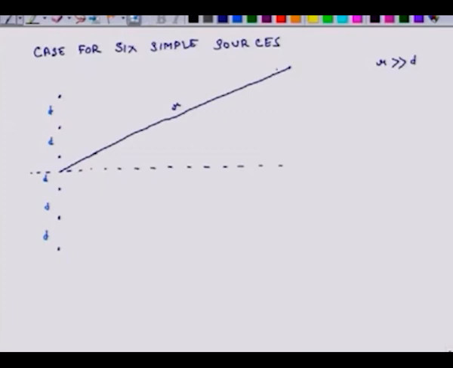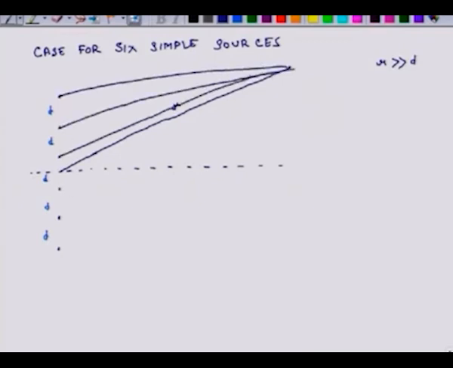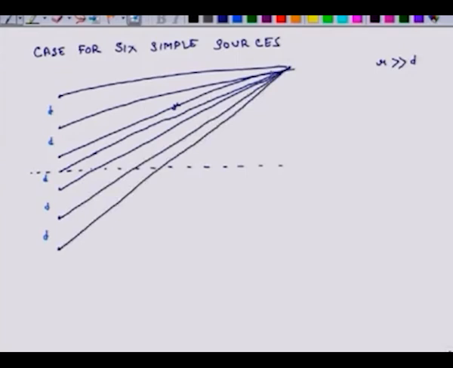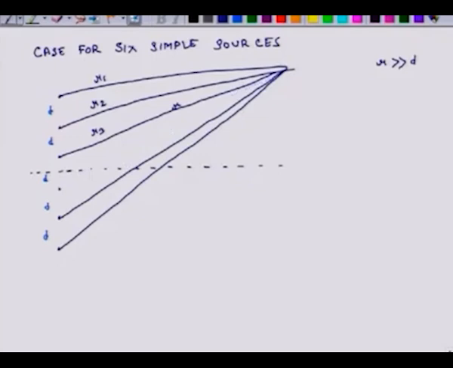And then now, with this understanding, I develop vectors from each of these source points, and let us say these vectors are r1, r2, r3, the midpoint is r distance away.